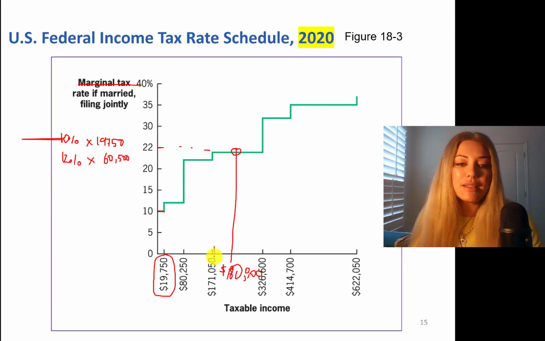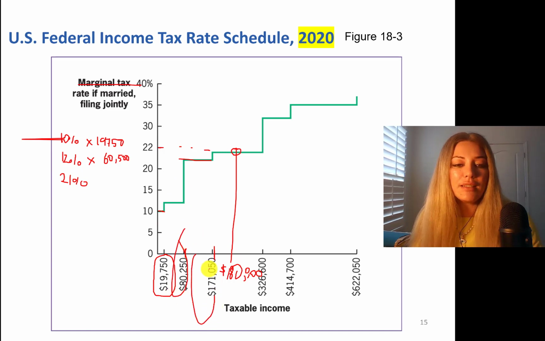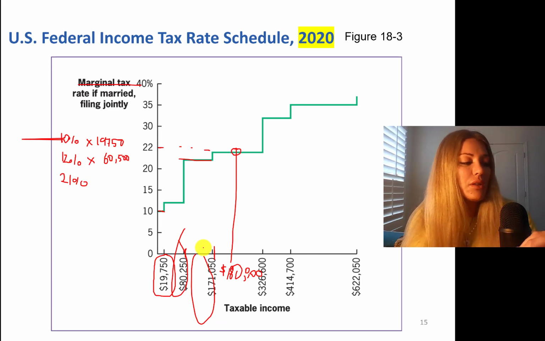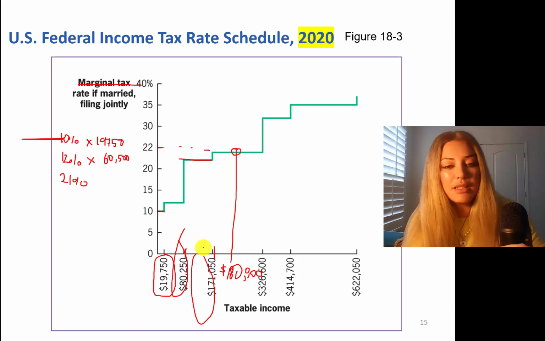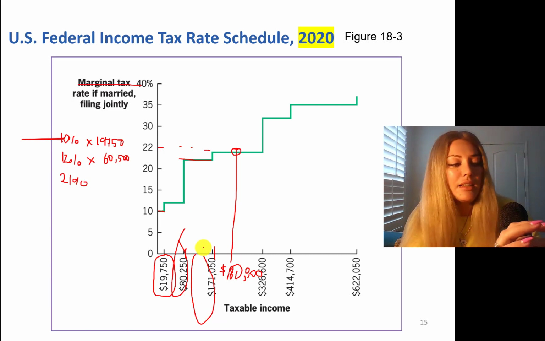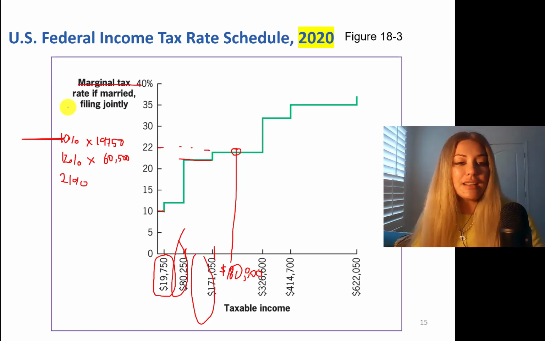Multiply. What's next? From 80,250 to 171,050, I'm subject to, I'm just going to say, 24% taxes. So 171,050 minus 80,250 is $90,000 for the next $90,000.